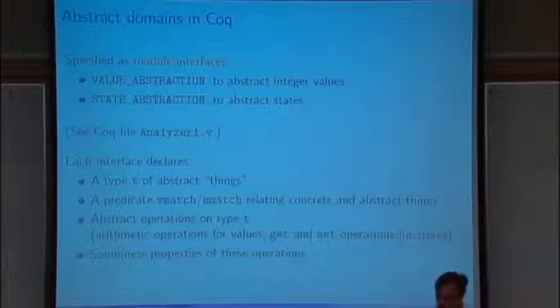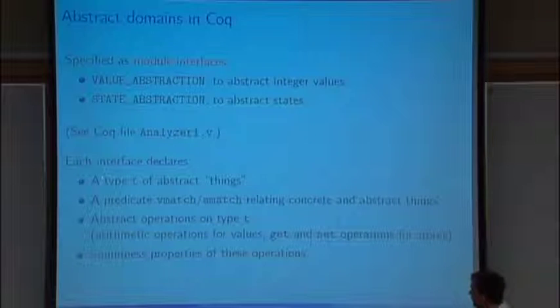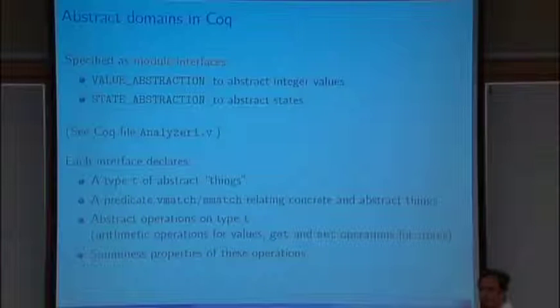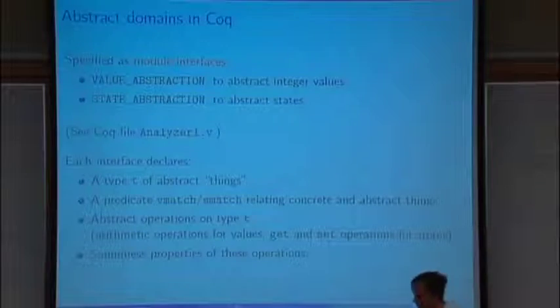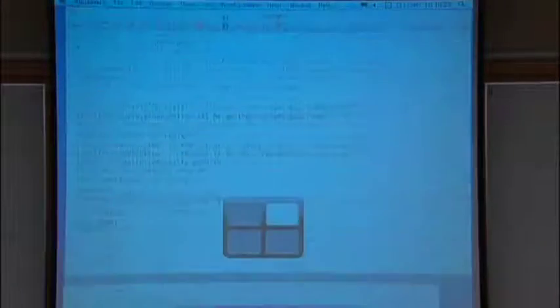And those interfaces follow the same pattern. There's a type T of abstract things, abstract values, abstract states, some predicates that correspond to gamma, so whether a concrete thing belongs to an abstract thing. Then there are abstract operations, like arithmetic operations, get and set operations for stores, and soundness properties. So here we go.